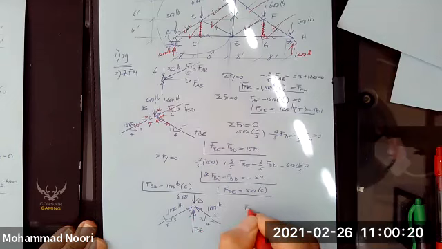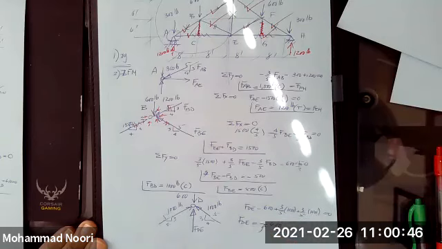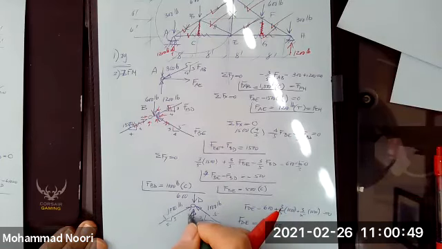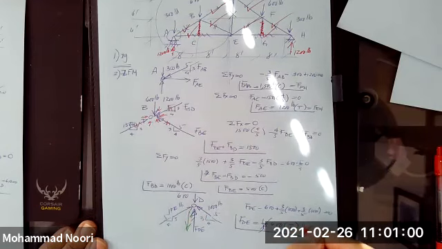If you write that, you get F of DE minus 600 plus 3/5 of 1,000, this one, plus 3/5 of 1,000, this one, equal to 0. You see F of DE comes out to be negative 600, which means the assumed direction is wrong. So this force is actually acting this way. That means force moving away from the joint. So this one is actually in tension.